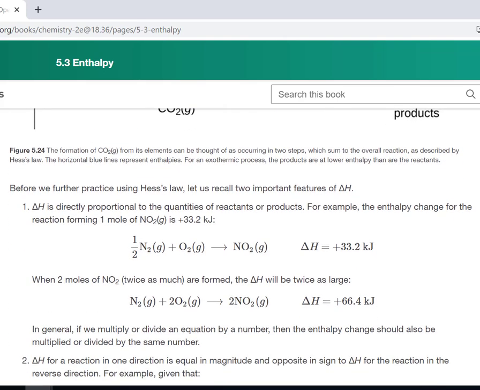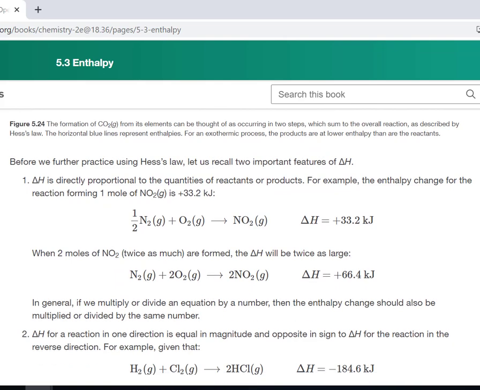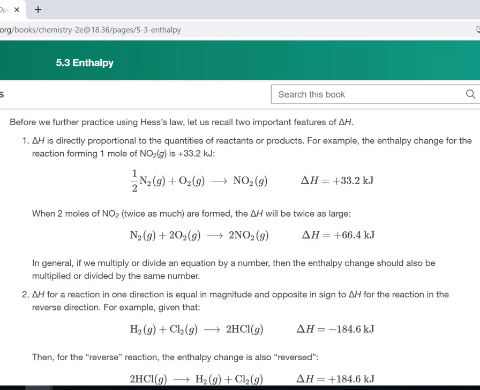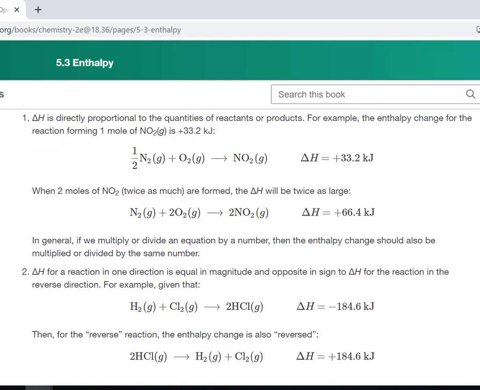There are a few other things we need to mention related to that. This is actually review. Most of this is review. We did talk about it in a previous video. So the delta H is proportional to the reactants and products. If we have this delta H and we multiply everything by 2, we multiply delta H by 2.